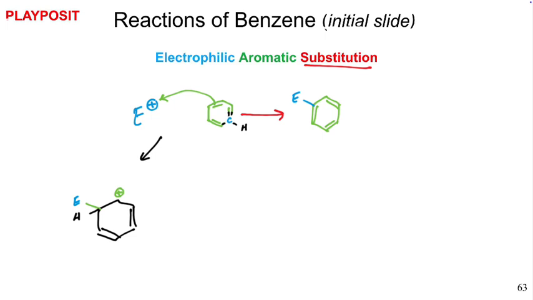Okay, I don't like that. I've destroyed aromaticity. This is now non-aromatic. Before we were aromatic. So I might want to go through and explain why it's okay to do this. I could do that by showing all the resonance structures.